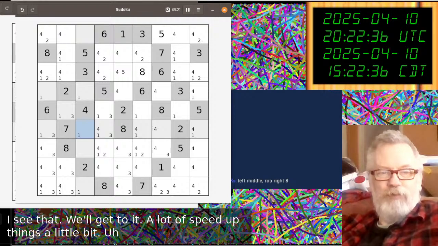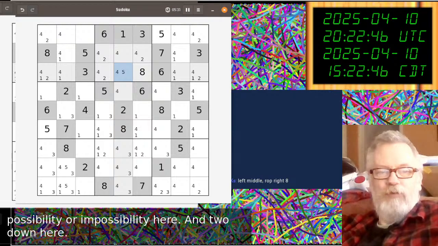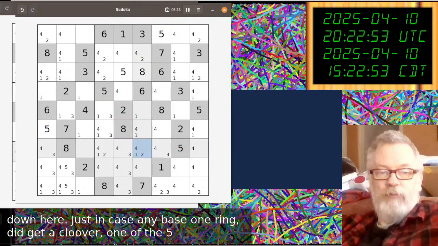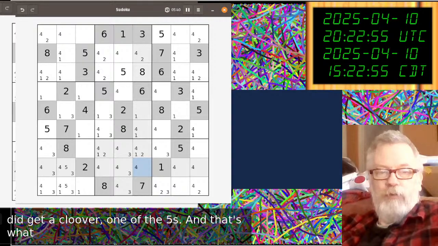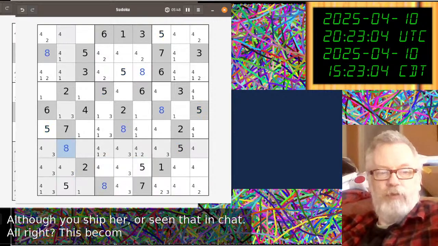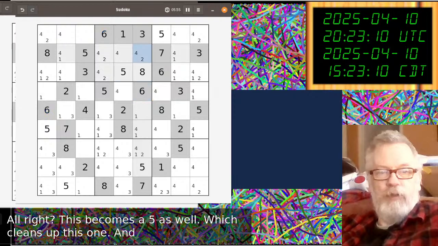I've got 1 possibility here and 2 down here. And just in case anybody's wondering, I did get a clue for one of the 8s, and it also solves one of the 5s. Although you should have heard or seen that in the chat. All right, this becomes a 5 as well, which cleans up this one. And, yep, that's it for the 5s.